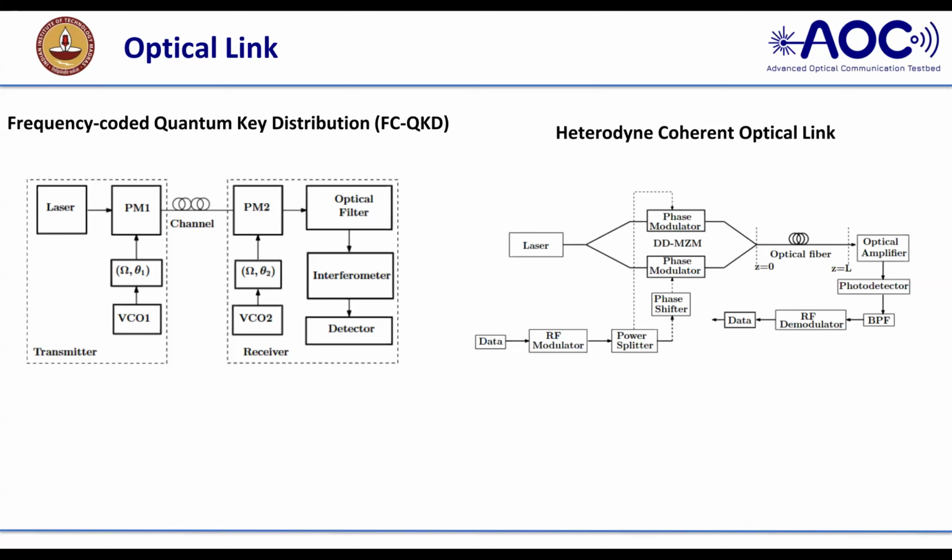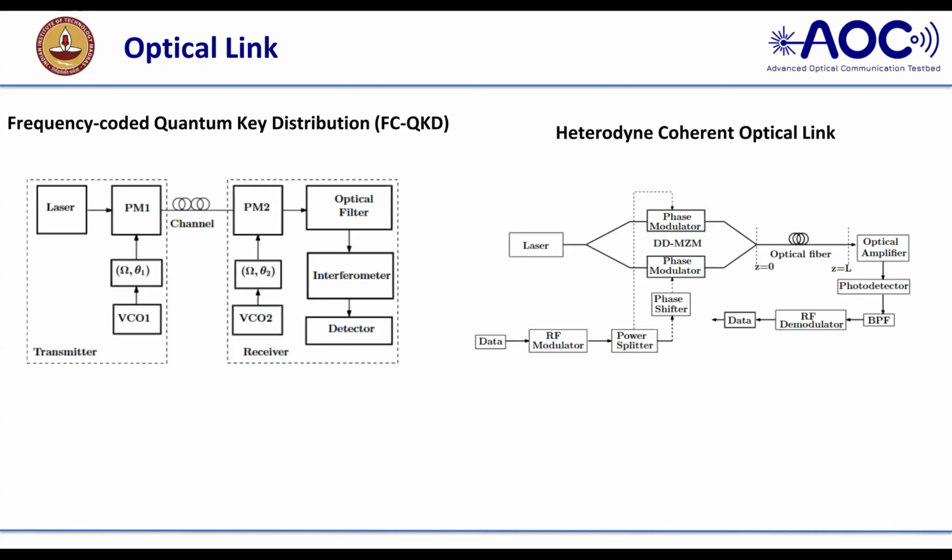This part is the transmitter and this is the receiver, and we assume that both are synchronized. This is Alice and this is Bob. You can see theta1, and here we are using theta2. Theta2 also has 0 and pi, corresponding to bit 0 and 1.